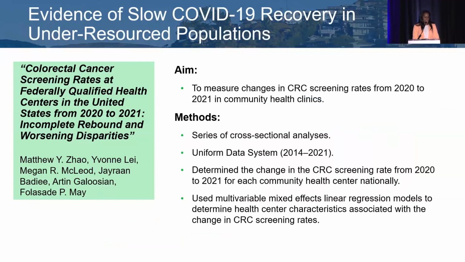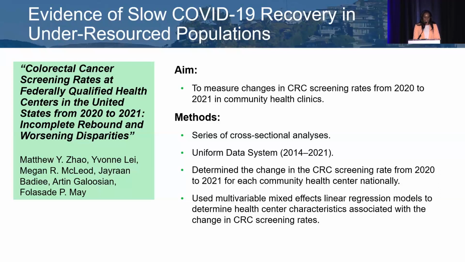It was a cross-sectional analysis that looked at what we call the Uniform Data System. This is government data from HRSA that is mandatory reporting from the community health centers, and looked at a long period of time from 2014 to 2021.